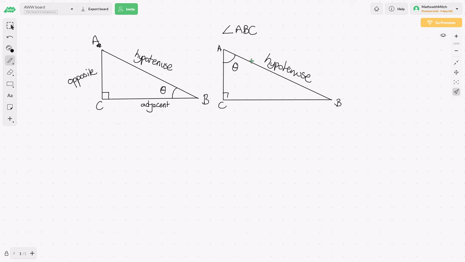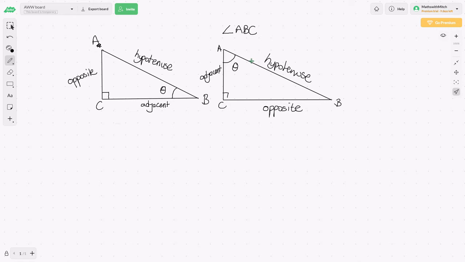And then the other two are named in relation to the angle you're looking at. So again, we said for the rule, the hypotenuse makes up this angle with the adjacent, or it's the line that is next to the angle you're looking at. And then directly across the triangle from the angle you're talking about is the opposite.